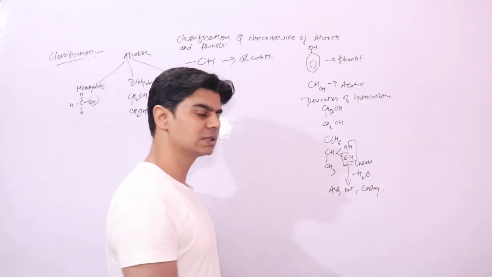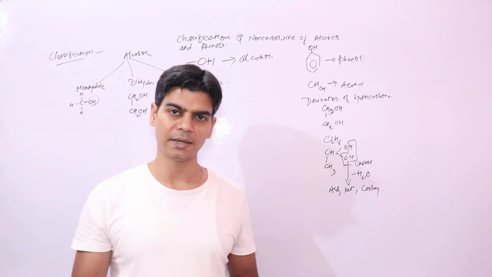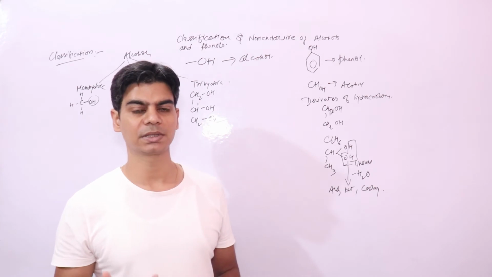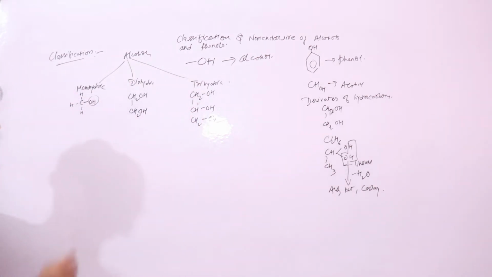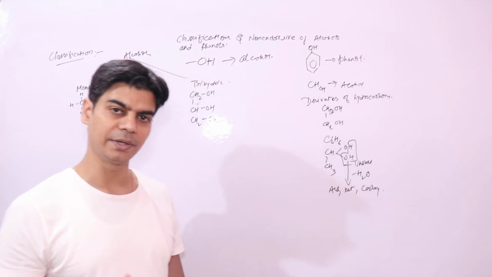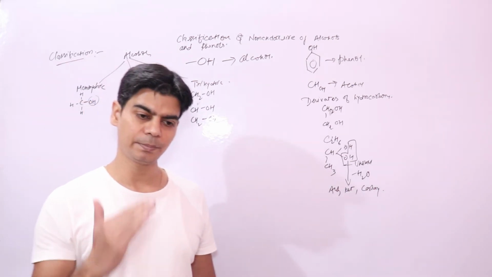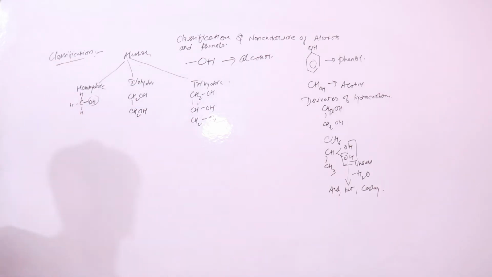A secondary carbon atom is connected directly to two other carbon atoms, and a tertiary carbon atom is connected directly to three other carbon atoms. So depending on whether the OH group is attached to a primary, secondary, or tertiary carbon atom, your alcohols are primary, secondary, or tertiary alcohols.